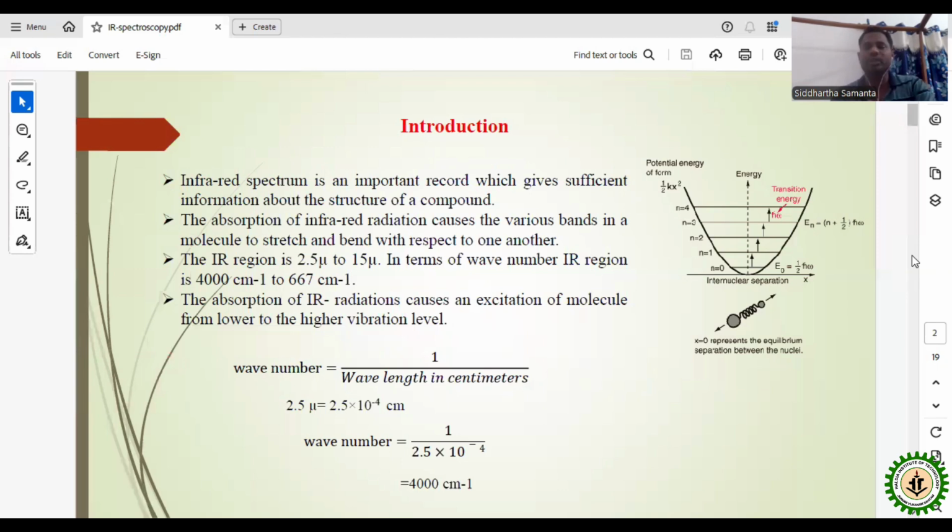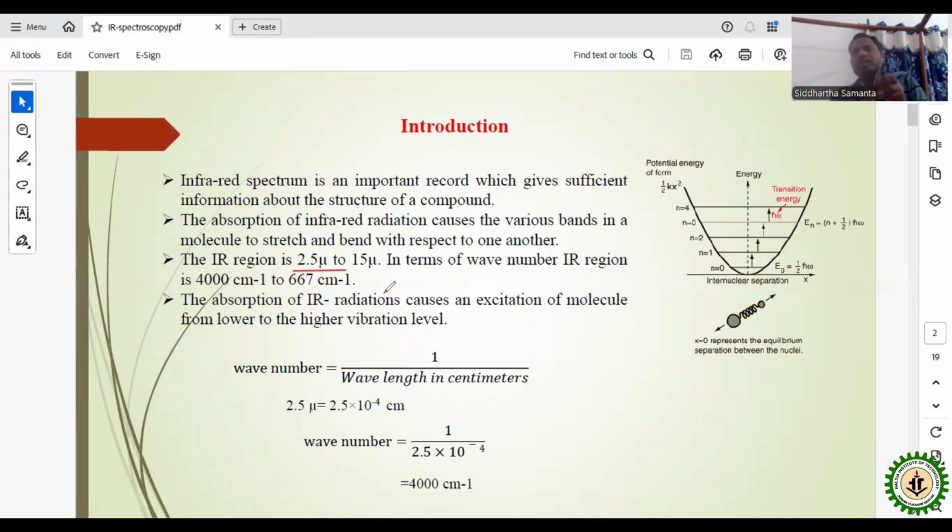The infrared region means the 2.5 micrometer to 15 micrometer region, which corresponds to 4000 centimeter inverse to 667 centimeter inverse.